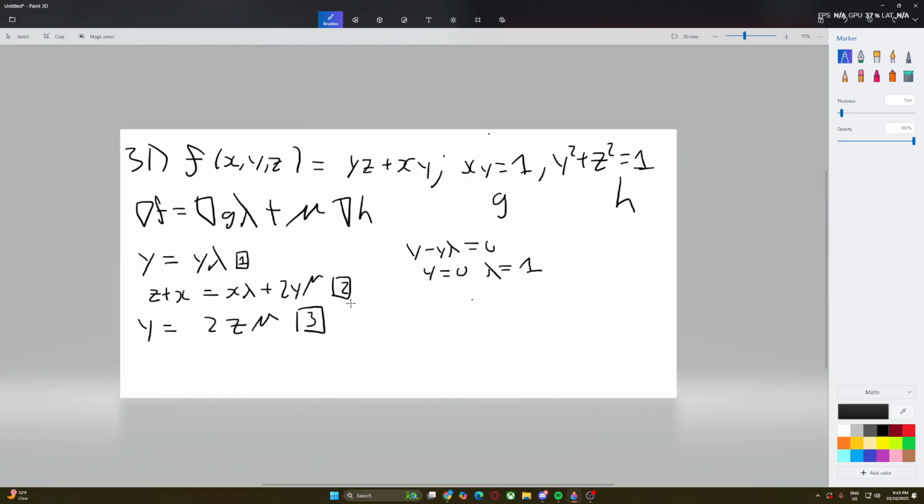So, we're gonna equate 1 and 3 because they're both y equals, and we get y lambda equals 2z mu, and then let me see here.